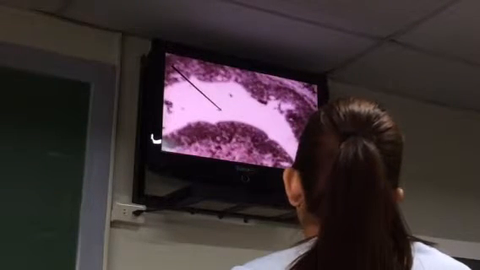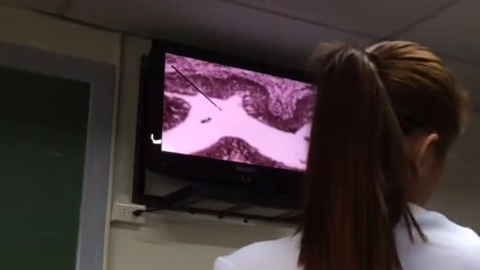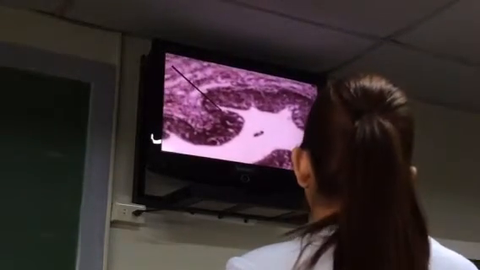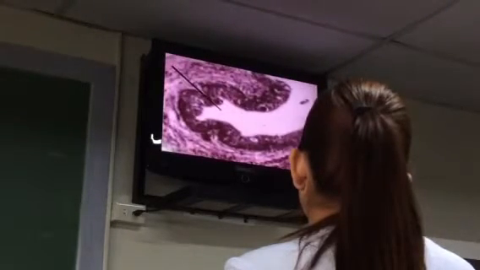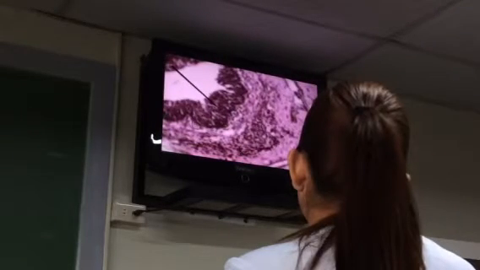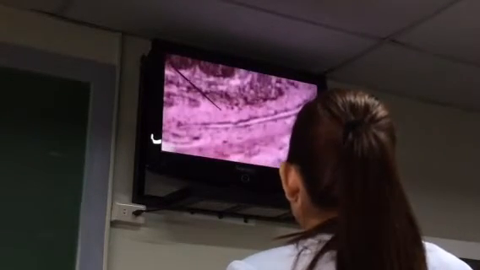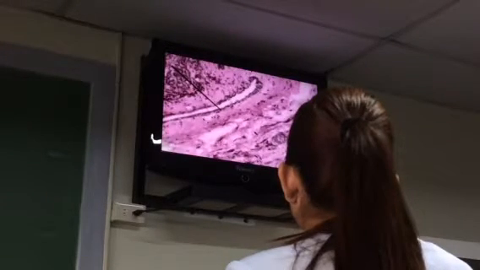Now just to complete the review, again, do not forget to look for your lacunae of Morgagni. There you go. So this is the thing that you have to look for in this slide. And oh by the way, these are glands. Those outside, these are glands.